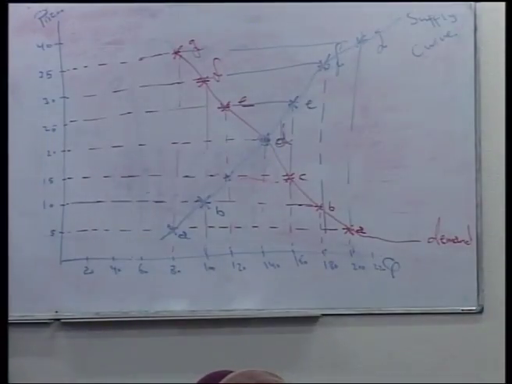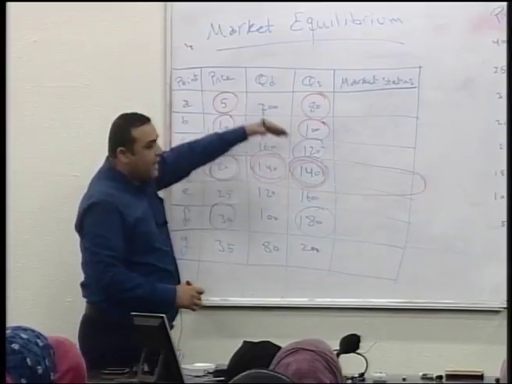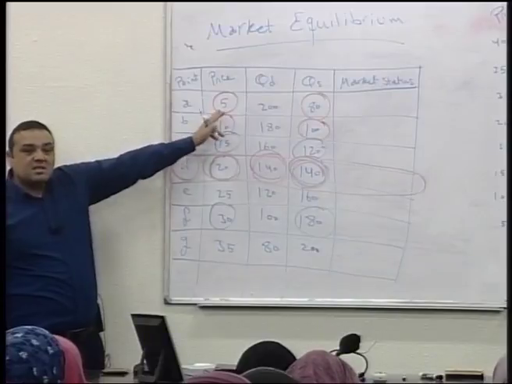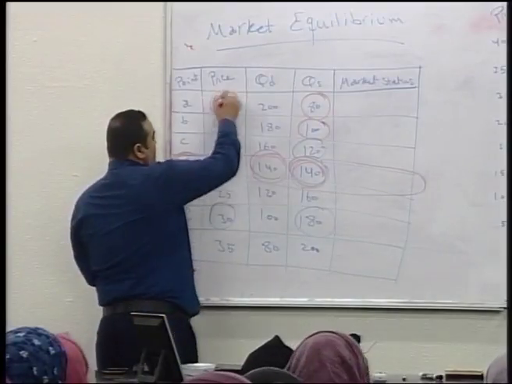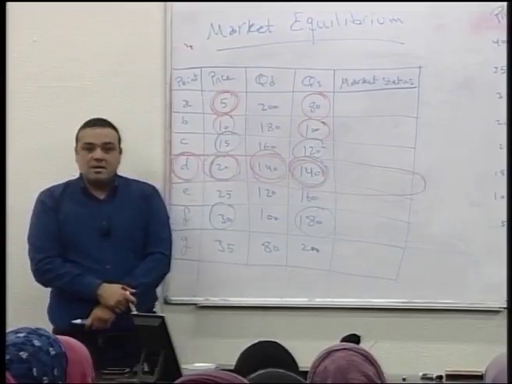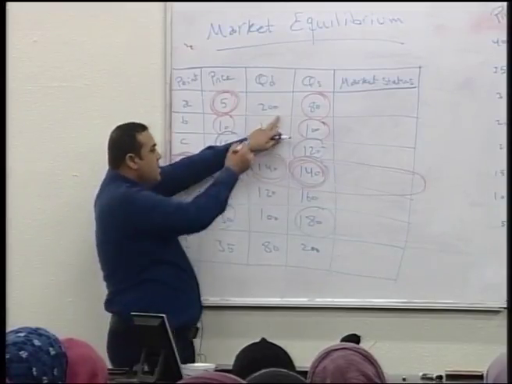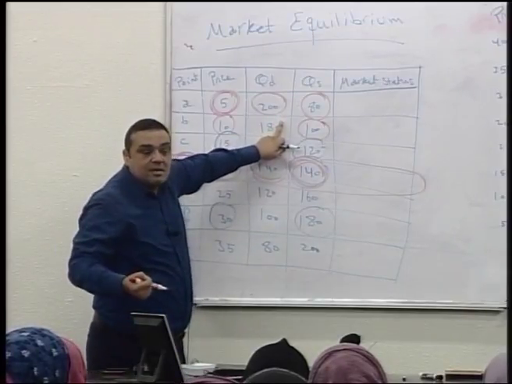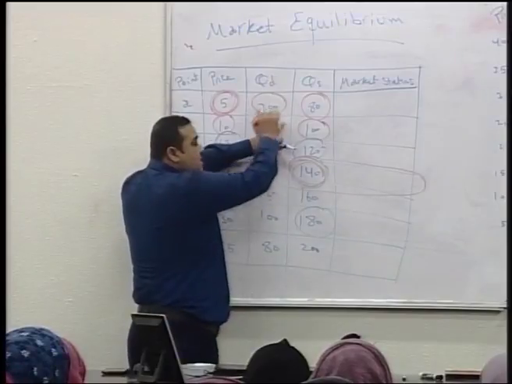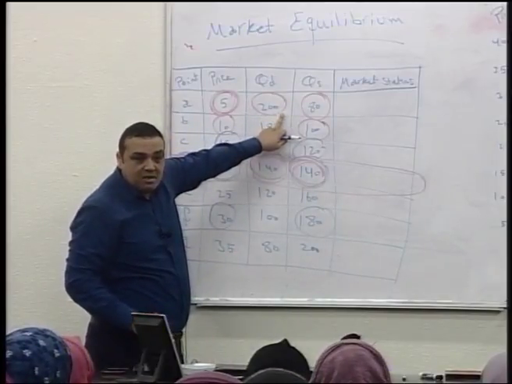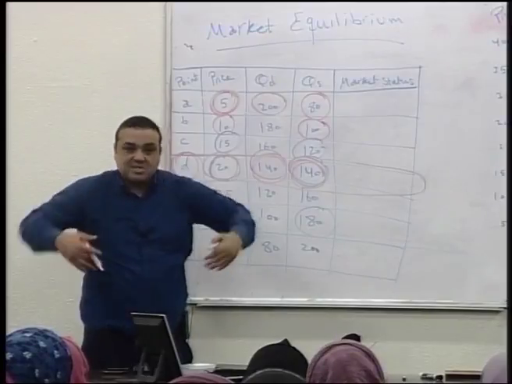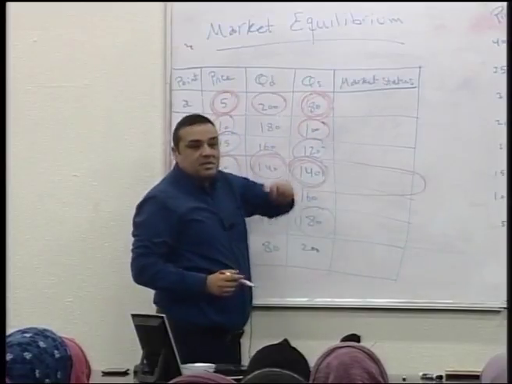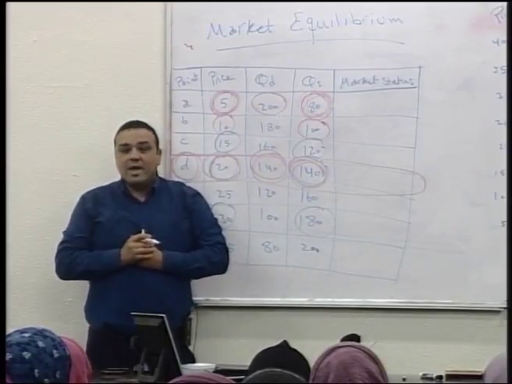Okay. Let's come back to the table here. What do you see? If the price was low here, at 5 shekels, the consumer has a willingness to buy 200 units, but the producer wishes to sell 80 units. Here we have what?